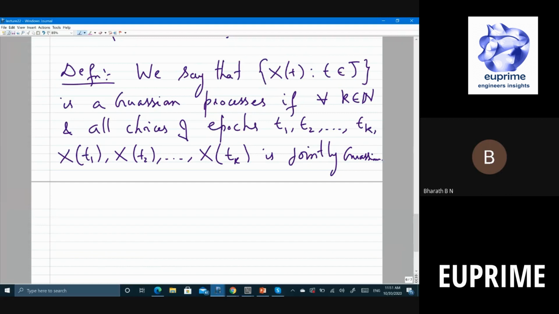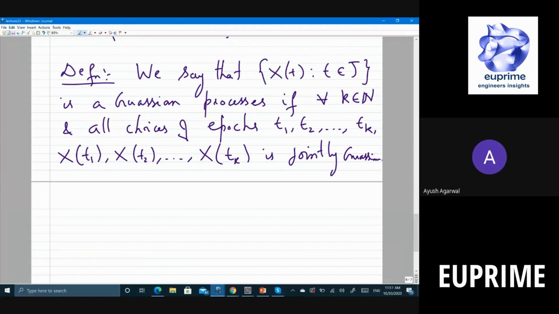But how do you define that? You don't know how to define some function as Gaussian, but you know how to define a bunch of random variables as jointly Gaussian. The way you do that is convert something that you don't know into something that you know. How do you do that? Sample. You take k samples, you get k random variables, and you say that it's jointly Gaussian. Is that fine?